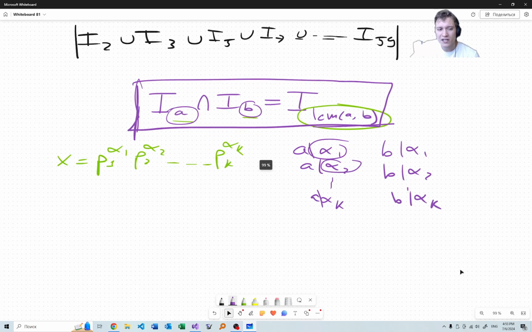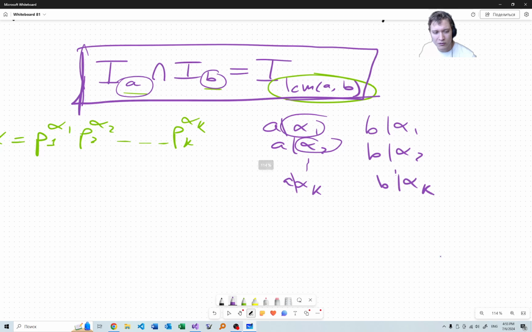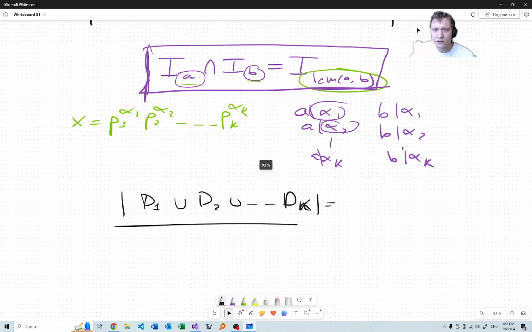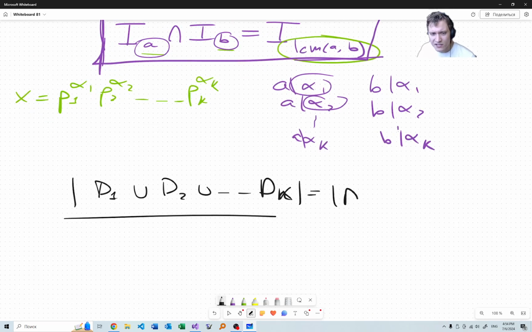Always when you have several conditions, let me call them D, for example, when you have several sets, you can apply the inclusion-exclusion principle and calculate the size of their union. First of all, you need to add all the sizes of these sets. Then you need to subtract the sizes of their pairwise intersections.